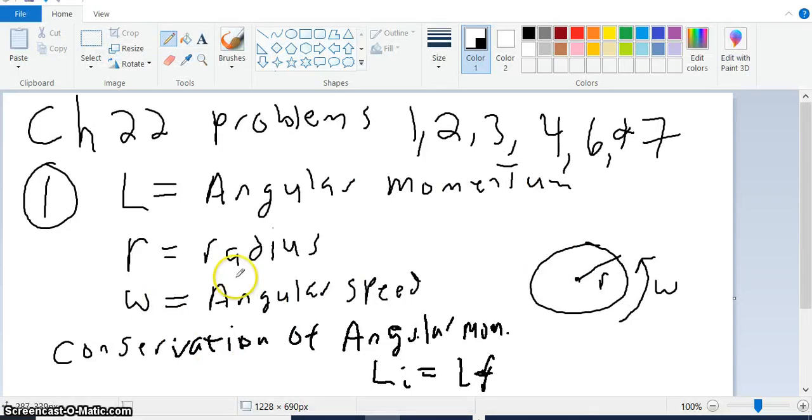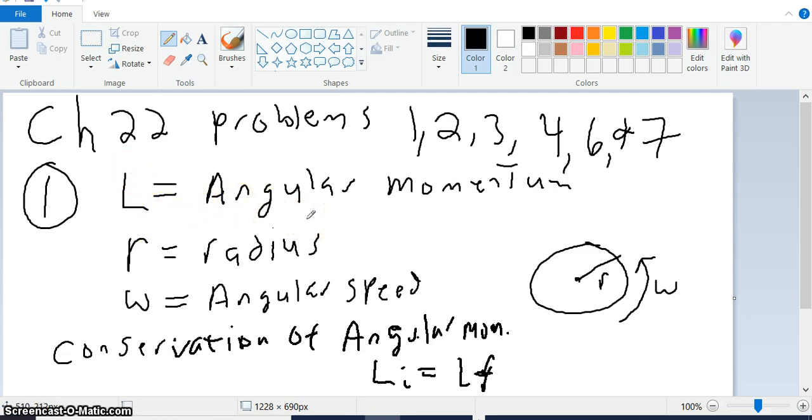So these are the problems that we're going to do in chapter 22: 1, 2, 3, 4, 6, and 7. Now, I know big L we've normally used as luminosity, but in physics it's also used as the angular momentum.